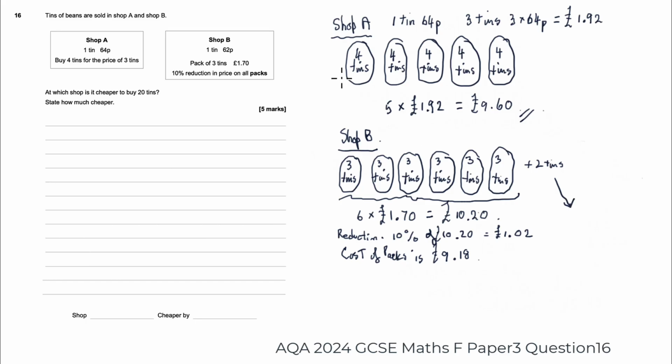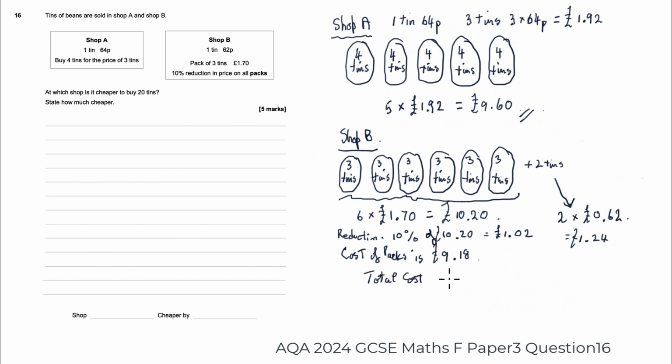And what do tins cost in shop B? Well, they're 62 pence. So the cost of these would be 2 lots of 62 pence. Now that'd be £1.24. Again, do that in your calculator if you're unsure. £1.24.